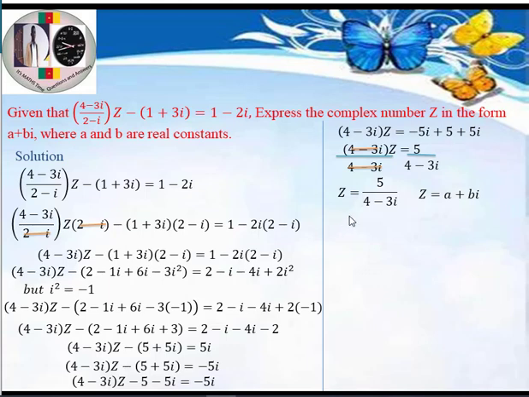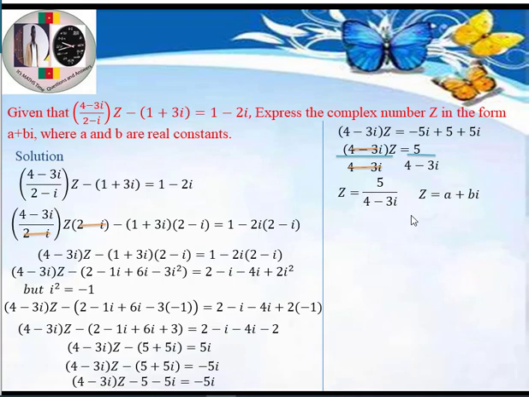What do we mean? The real part in this denominator is 4 and the imaginary part is minus 3i. So to get the conjugate of this denominator, we change the sign of the imaginary part. So we are going to have 4 plus 3i, and we are going to multiply the numerator and the denominator by the conjugate of this denominator.